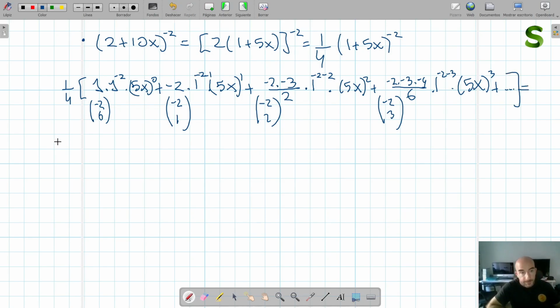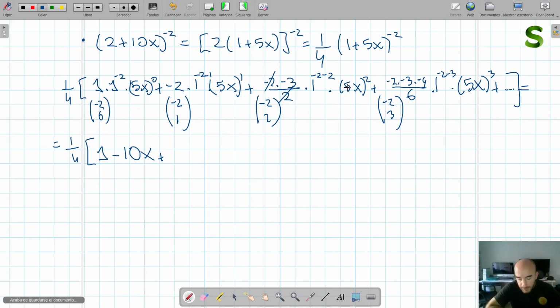Okay? Then we have, let's simplify. That's 1, and that's 1, so that's 1 here. Whenever we expand 1 plus something, we always get the first term as 1. Now, it's a negative because we have minus 2 here, so minus 2 times 5 is 10. And 1 to the power of whatever is 1, so I'll leave it like that. Minus and minus is plus, so this one is plus. This one goes away, and we have 3 times 5 squared is 25.